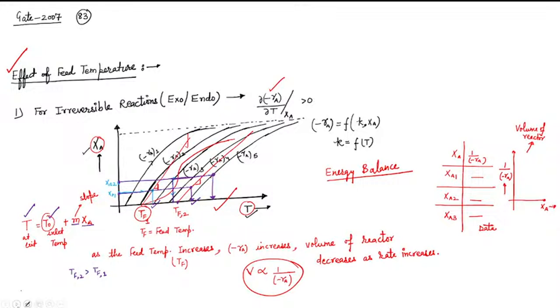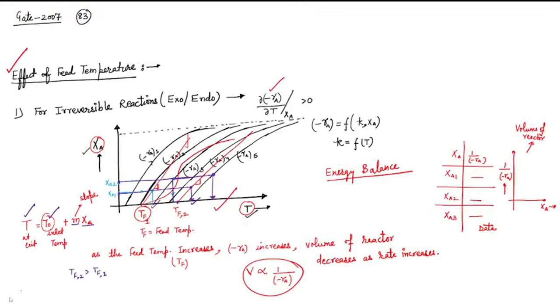So there is one term that is called optimum temperature progression. You will tell me what the optimum temperature progression will be. Inside the reactor, what path should we follow?